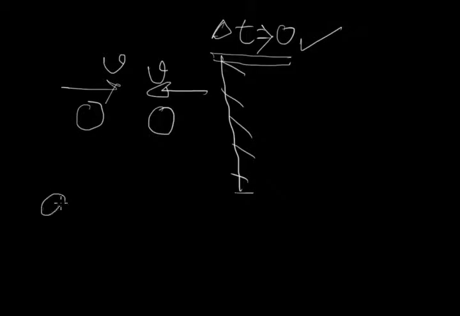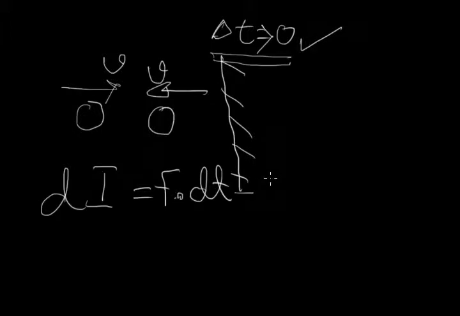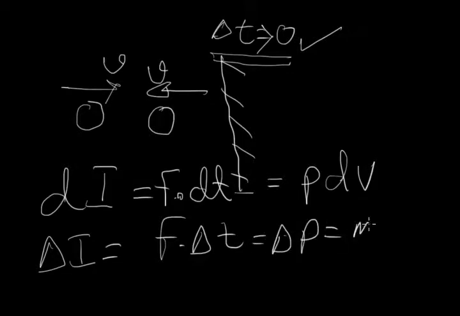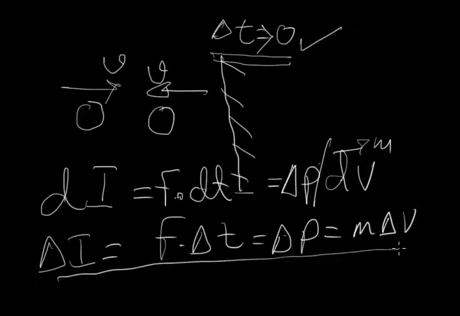Then we define impulse in this way: dI is F into dt. And F into dt means m dv, that is, del p. So I can write that del I, that is impulse, is F del t, and that is equal to del p, which is m del v. So this I is impulse and this is impulsive force.